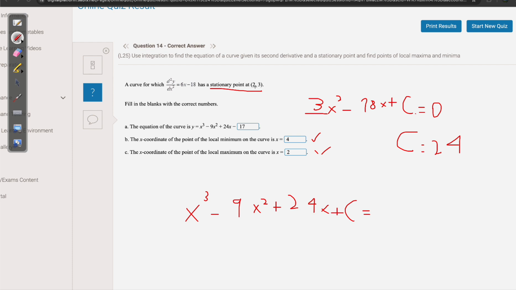So that means when x is substituted by 2 in the original equation, it's gonna give us 3. So now let's get c. So 2 cubed minus 9 times 2 squared plus 24 times 2 plus c is equal to 3, and you're gonna get c is negative 17, which is the right answer.